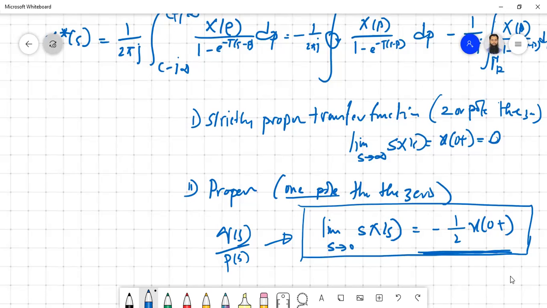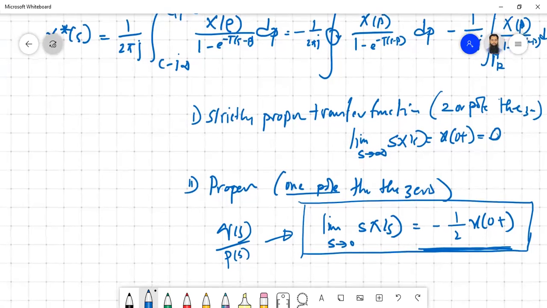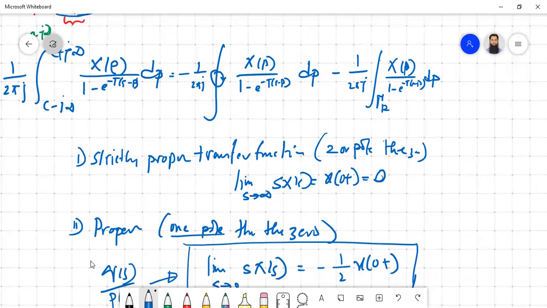Okay, so let's go for the actual method. In case one and case two, that is this one. In this case, this one is vanishing to 0. In this case, it is becoming minus.